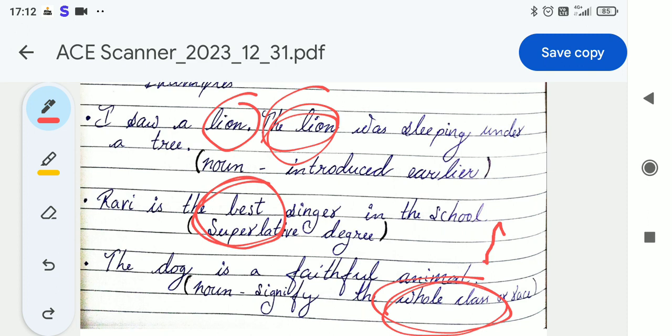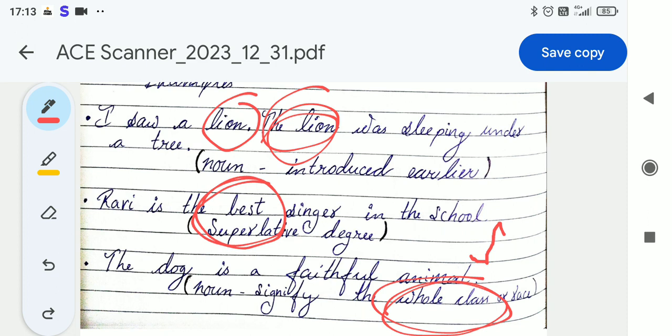We also use the before plural surnames used for the entire family: the Guptas, the Sarmas. We also use the before dates and days of national importance: the 15th August, the 26th January, the Independence Day, the Republic Day.